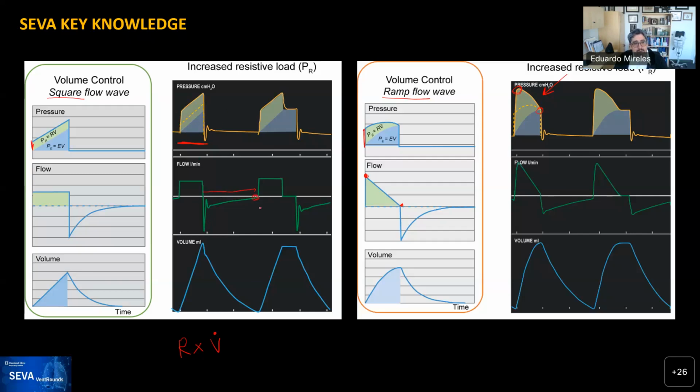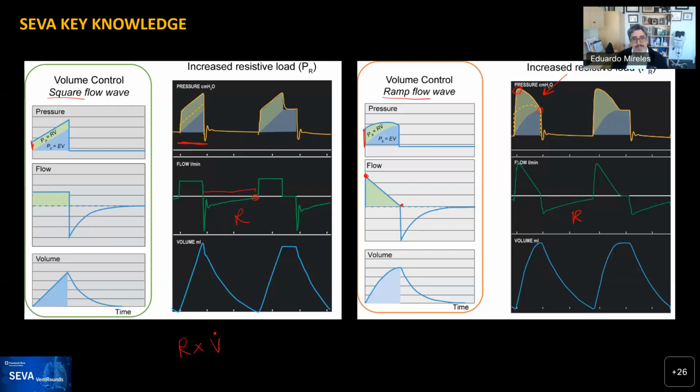There's still flow at the end of the breath, which tells us that the time constant is prolonged, and so the resistance has to be prolonged. The same happens here. So normally you see both happen. If you see high resistance here and high resistance down here, that means the patient has high resistance. Now, there could be situations in which they are discordant.